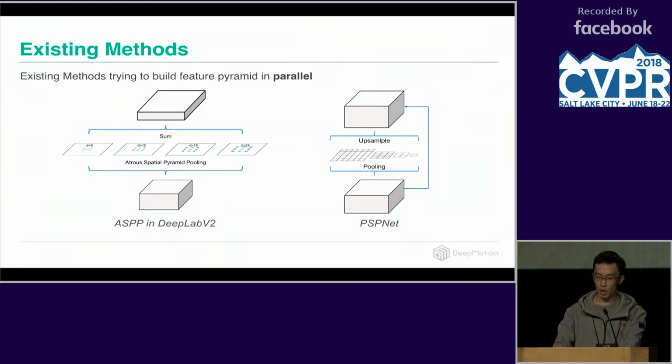The similar work of ASPP in DeepLab and PSPNet concatenate multiple scale features in parallel to handle the scale variation problem. However, their scale range is not large enough and not dense enough compared with object scale variations.